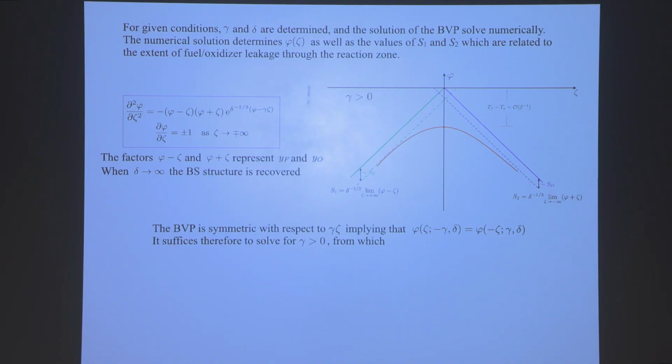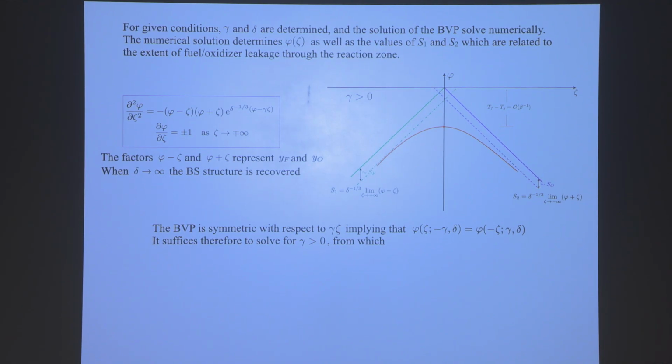I know the details are a little involved, but look at the reference to fully grasp the idea. Also, the problem has some symmetry. In other words, if you replace gamma with negative gamma and zeta with negative zeta, you get the same answer. It's not difficult to see that from just replacing those in the equation.